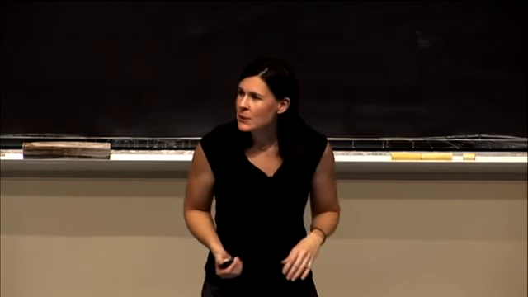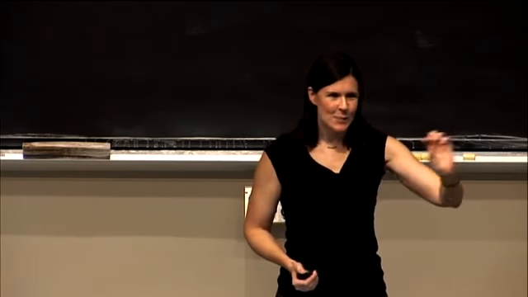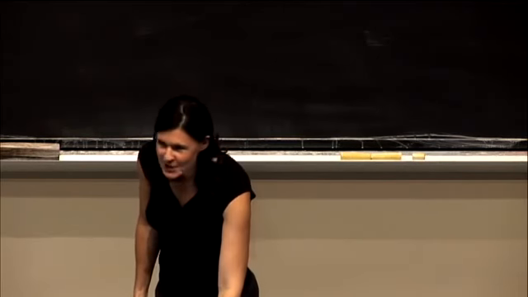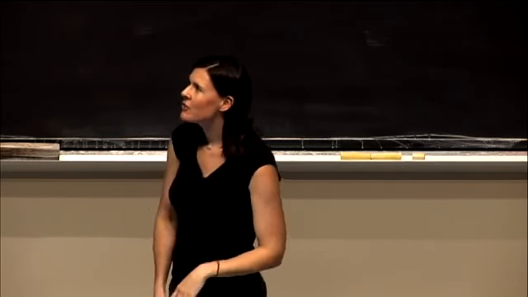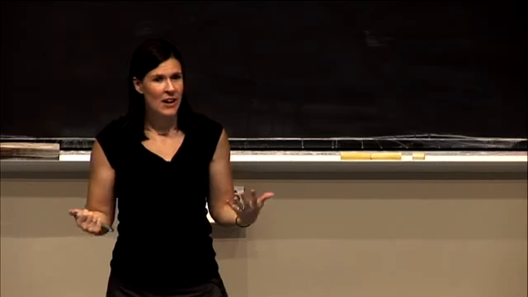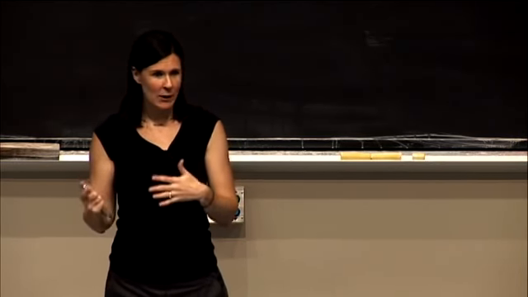But what we actually know today is that we can also order things in the periodic table by electron configuration. In fact, that is the most logical way for us to look at it now. So for example, if we're thinking about electron configuration and we look at lithium, sodium, and potassium, these all have one valence electron. So basically that means one electron in an s orbital in their outermost shell.